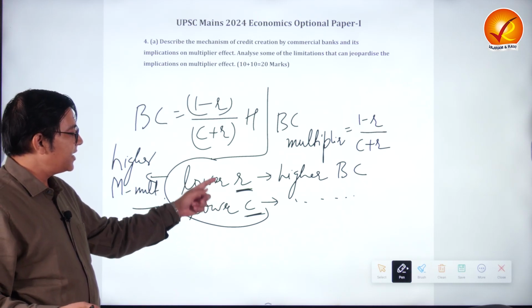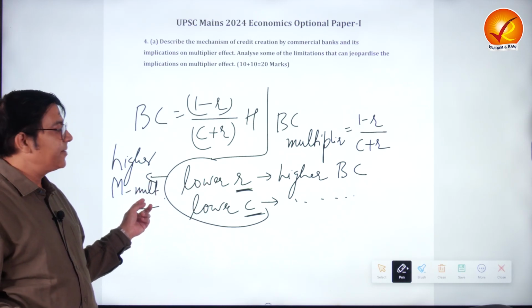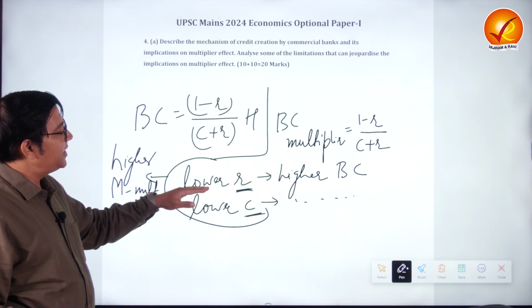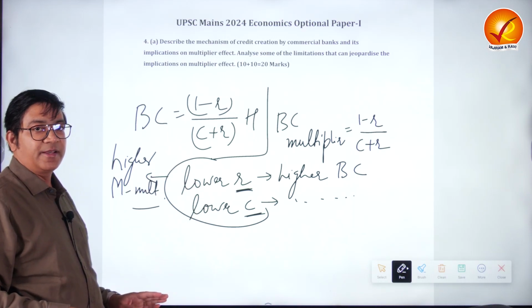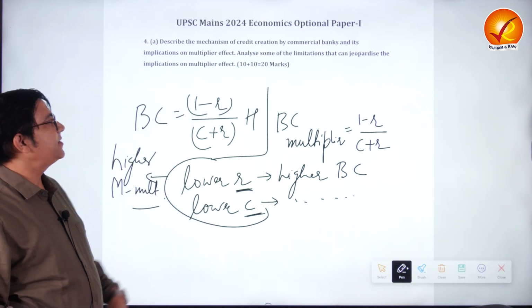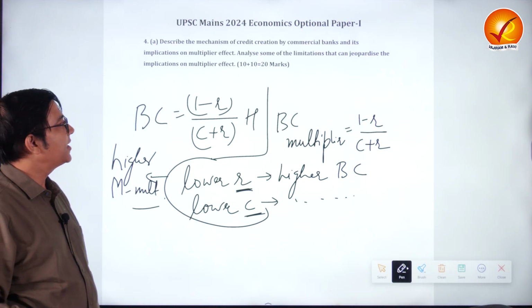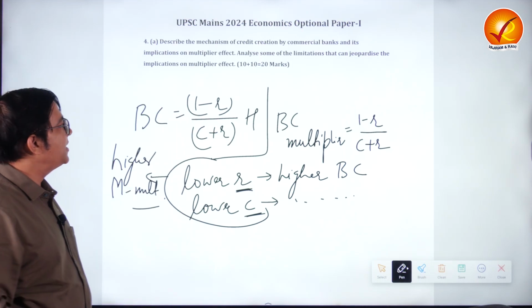Since lower R and lower C are good for the money multiplier, any factor that increases R or increases C will jeopardize the implications on the multiplier effect. This is how you can systematically go.